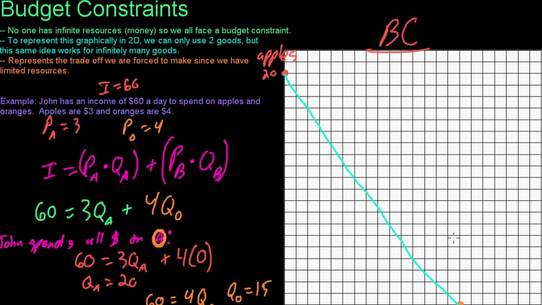So this is John's budget constraint, and I'll put $60 right here because that's how much he had to spend. Now let's say that we cut his budget in half. We slash this, and now he only has $30. It's pretty easy to see that he's going to be able to buy at most 10 apples: 1, 2, 3, 4, 5, 6, 7, 8, 9, 10.